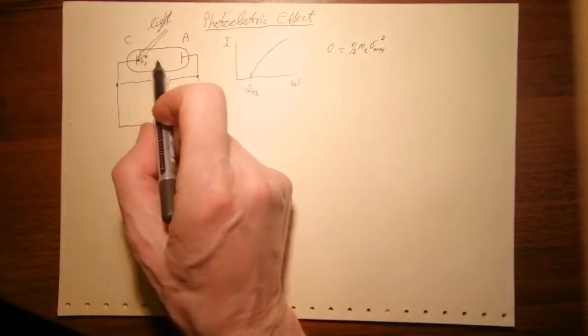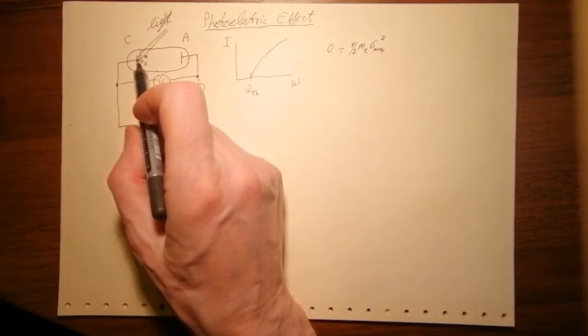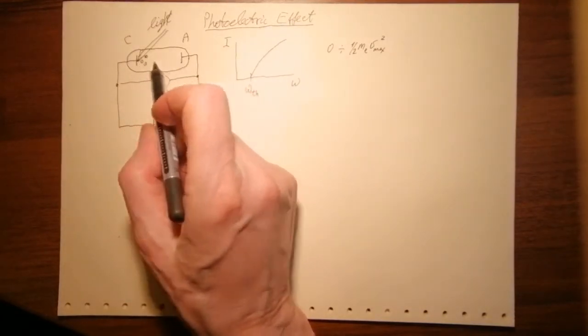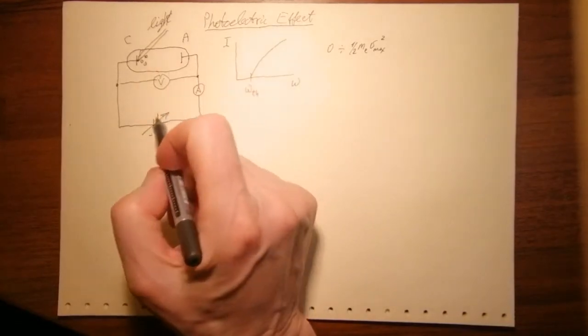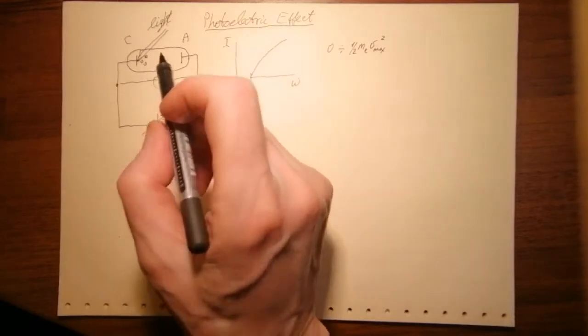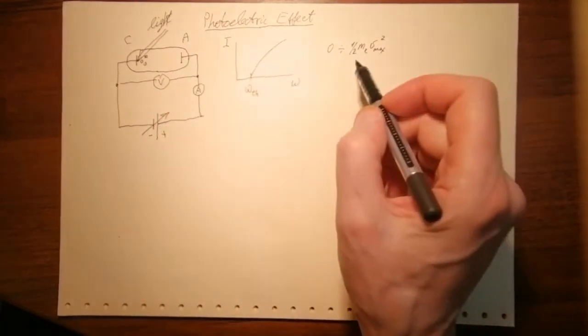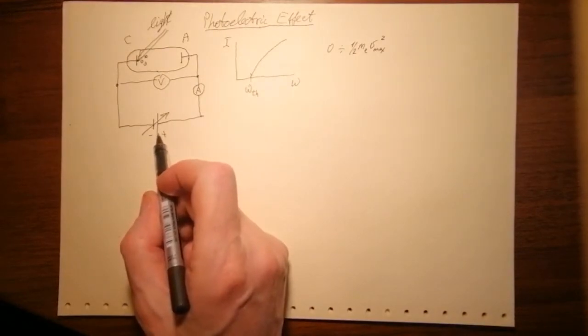They can cover this distance, close this circuit and create a current. In case we wish to stop this current, we need to apply this voltage in a different direction.